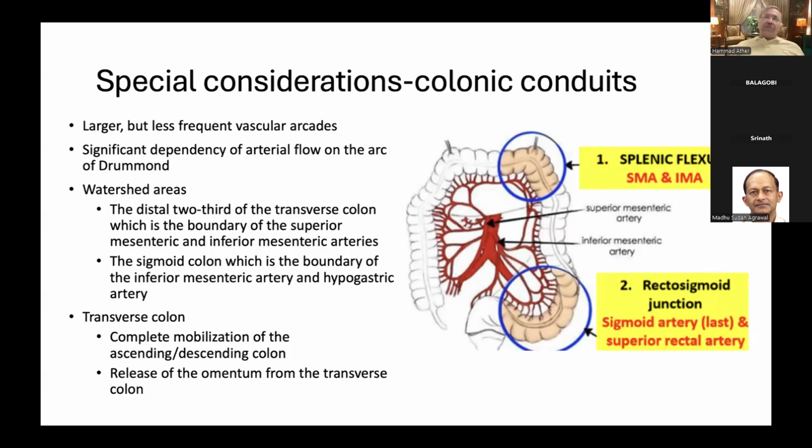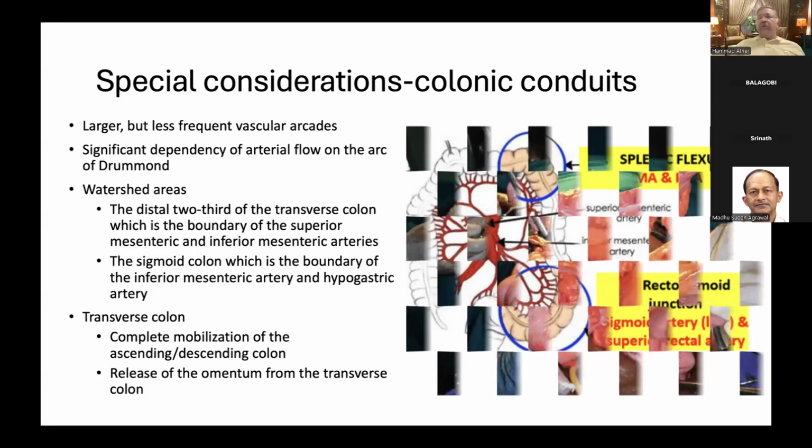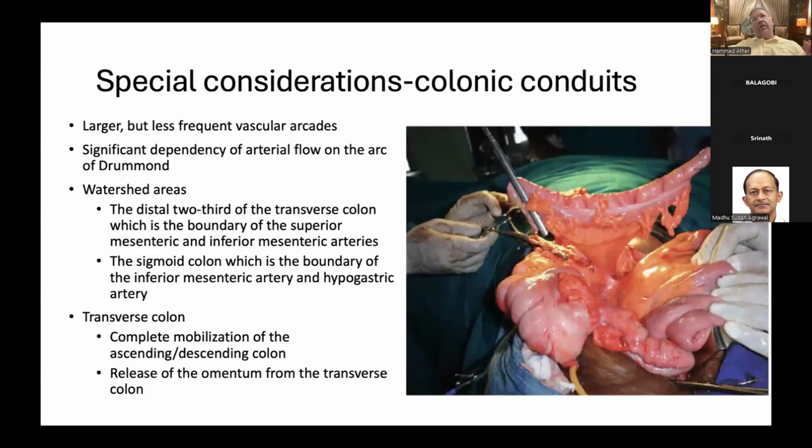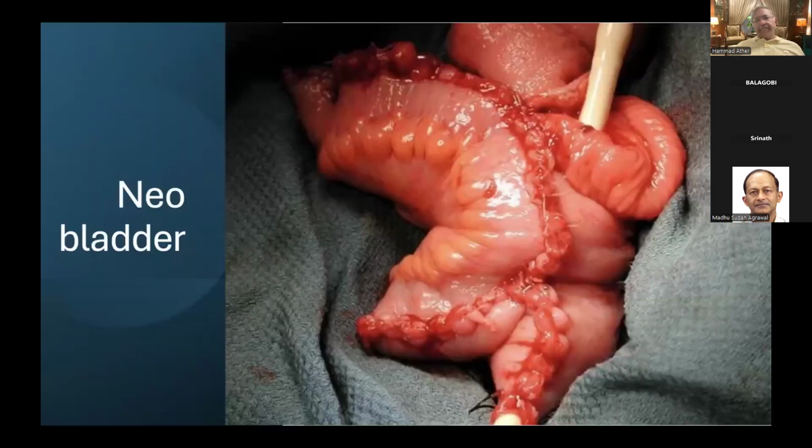When you're using transverse colon, it's extremely important that you completely mobilize the ascending and descending colon, release the omentum, and only then you can do a good watertight anastomosis, which doesn't leak.